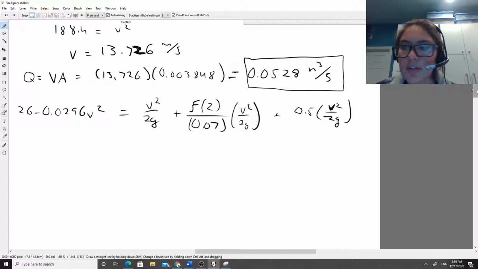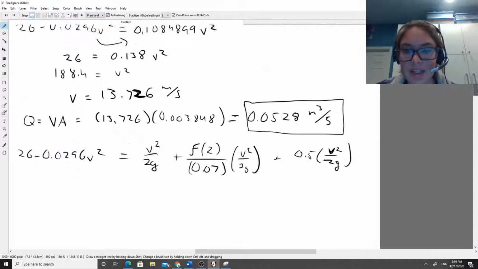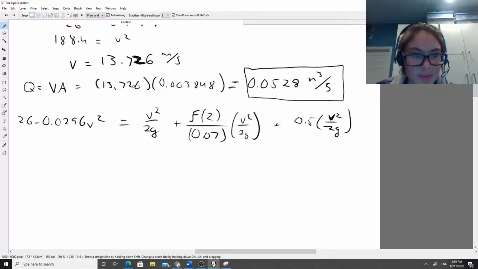So this is our new equation. I'm just going to double check that everything looks good. I kind of skipped a couple steps in the creation of this, but basically this is exactly what we did the last time, kind of putting together Bernoulli's equation, only this time we are not assuming that we know what F is, because we are not assuming that this is wholly turbulent. So we'll go ahead and try to solve for this equation once again.